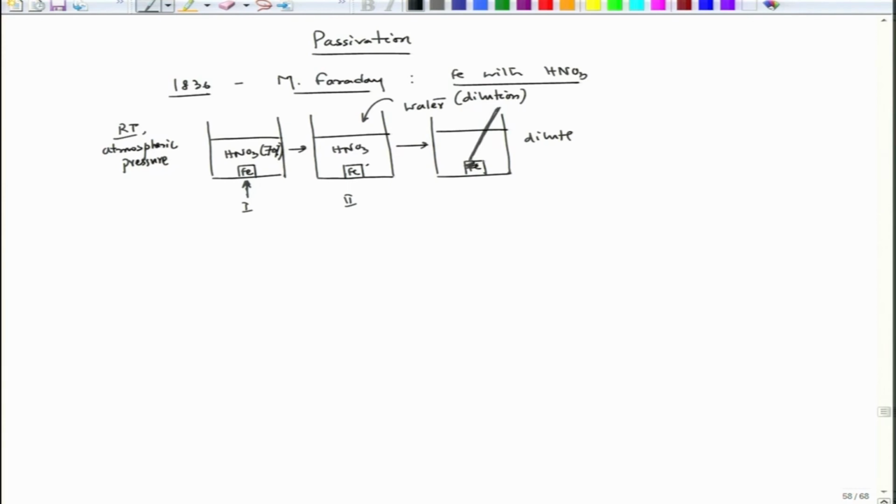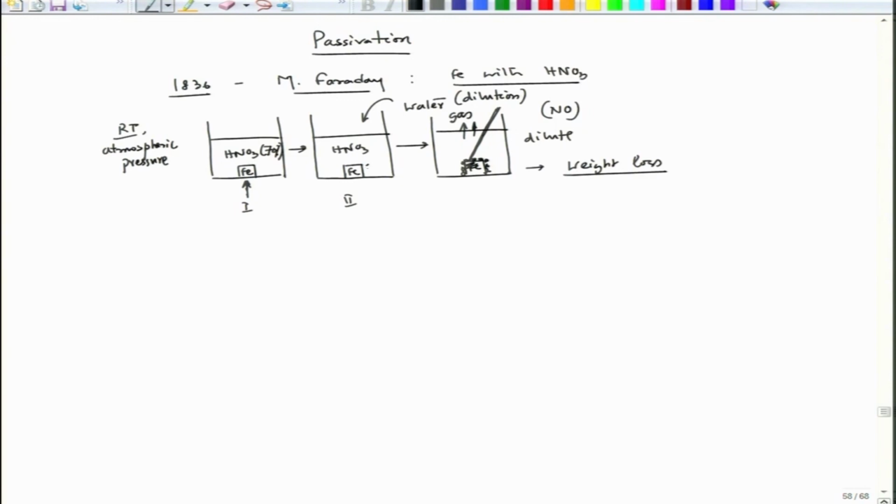If you scratch, you will see that vigorous bubbles are forming on the surface and gases are coming out. If you analyze this gas, you will see it is nothing but NO, and we see weight loss, and this weight loss is substantial.